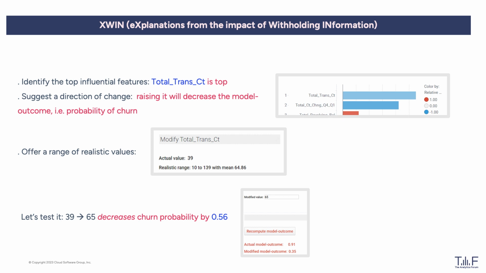The top influential feature is total transaction count with an actual value of 39 and with a training data range from 10 to 139. You can modify the actual input value to see how it affects the model outcome. This is what you generally do to investigate how to get a more favorable model outcome, probably combining modifications of the few top influential features.